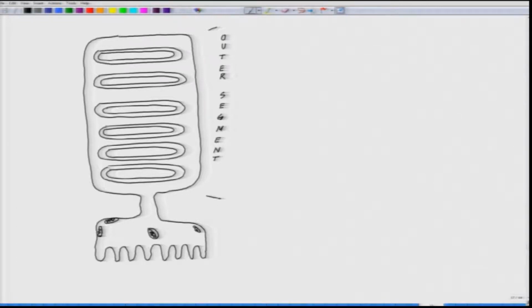This part what you see is called the inner segment, and this is the part which is called the synaptic terminal.